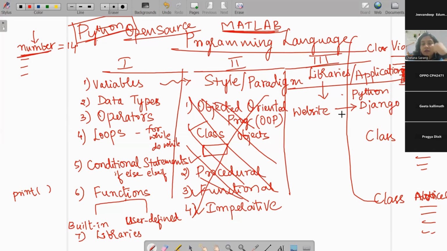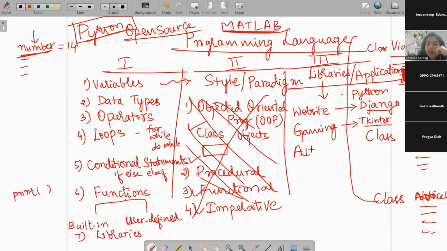For gaming in Python, there is a different library, Tkinter. Tkinter is one, and there are many more for gaming. In Python, these are the names of libraries, sets of similar functions which help us build.